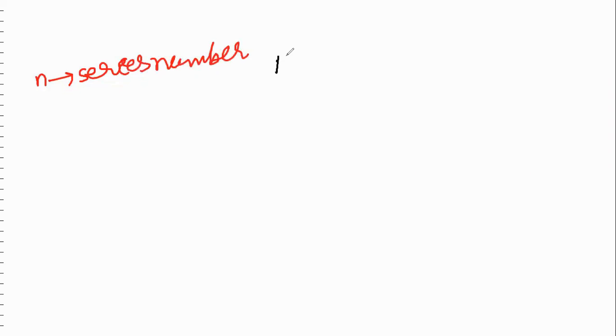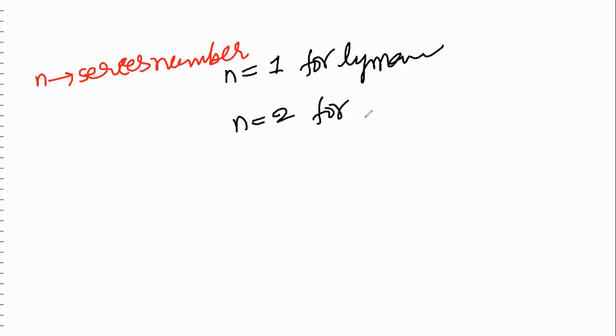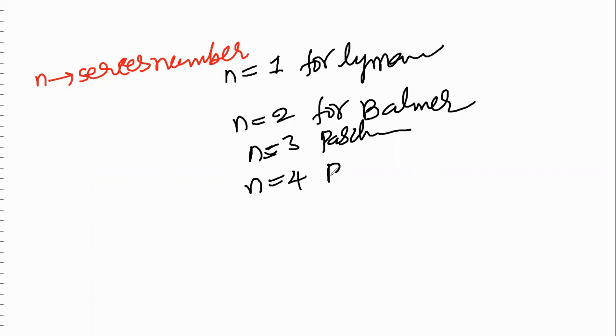For the Lyman series, n is equal to 1. n is equal to 2 for the Balmer series. n is equal to 3 for the Paschen series. n is equal to 4 for the Brackett series. n is equal to 5 for the Pfund series.